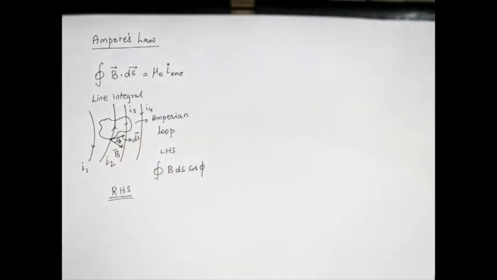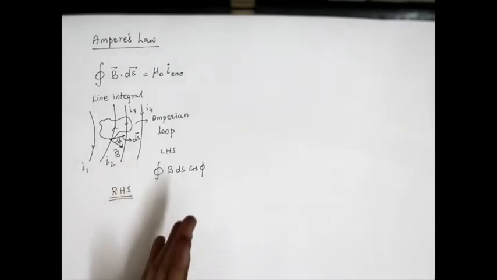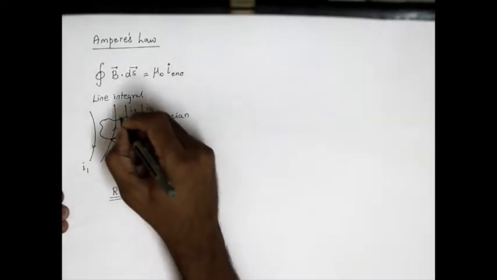That means some currents are positive and some currents are negative. How do we decide which current is positive and which is negative? The way you do it is using the right hand thumb rule. You take your right hand and the fingers point in the direction in which you want to move about in the loop. So you move in this particular fashion.